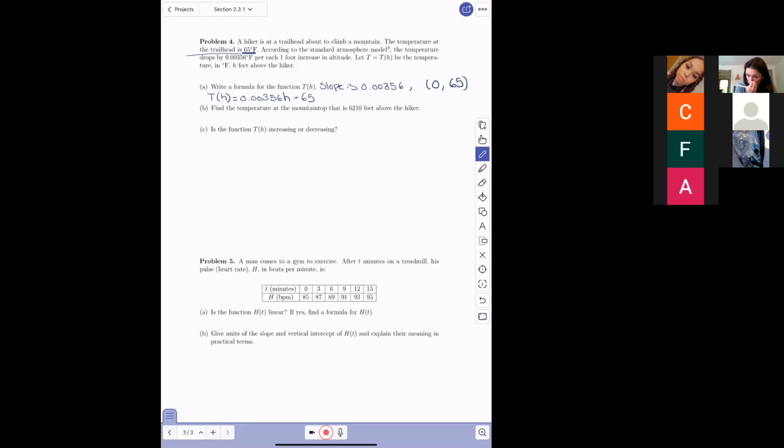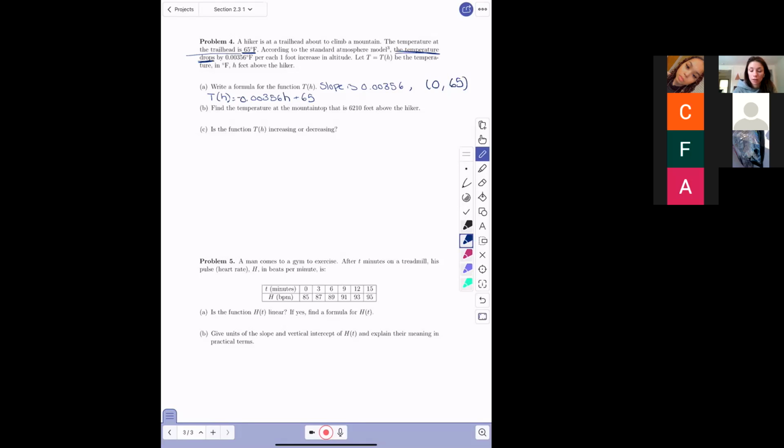Would the slope be negative because it's dropped? Oh, yes. Yep. So it's negative 0.00356, because the temperature is dropping. Okay. Question B, find the temperature at the mountaintop that is 6,210 feet above the hiker.